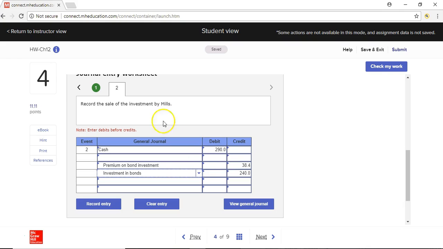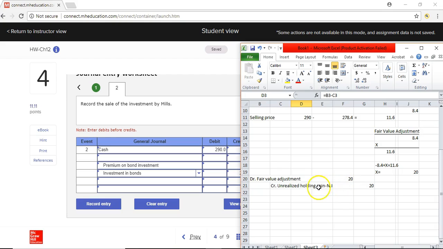And to balance this entry, we should plug in a gain or loss since this is a sale, but be careful. In the previous journal entry, we already recorded a gain. Okay, so this gain of the selling price versus the book value is already reflected on the income statement.